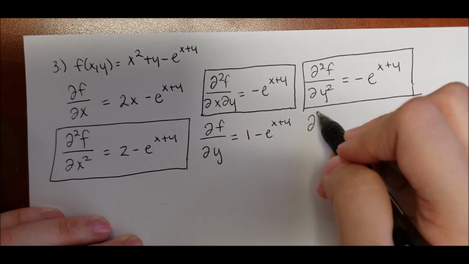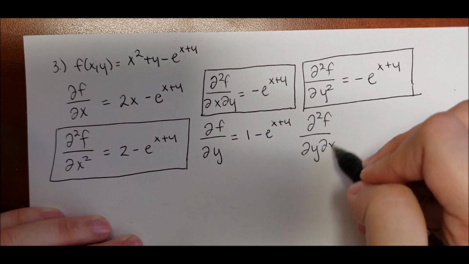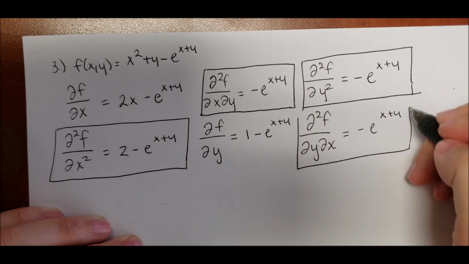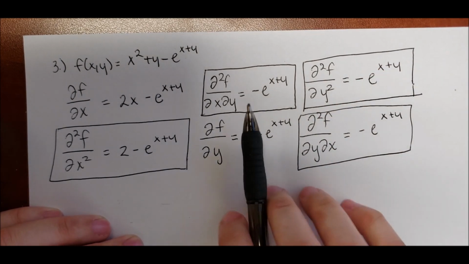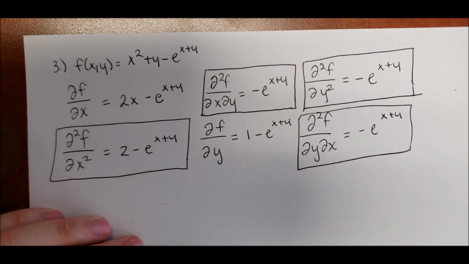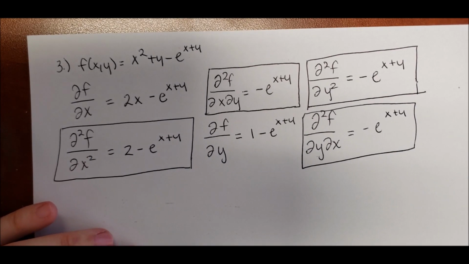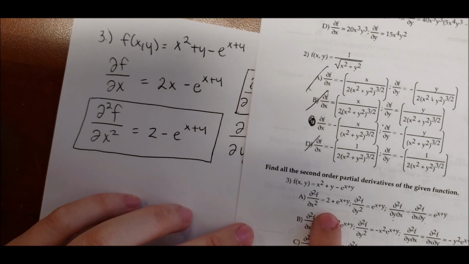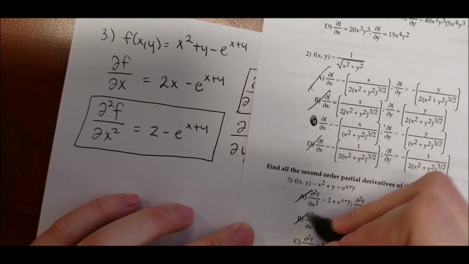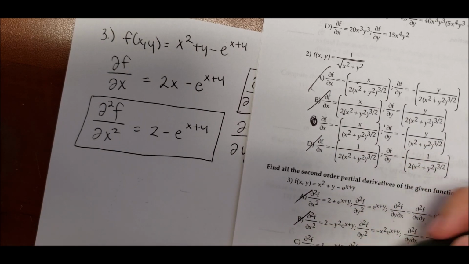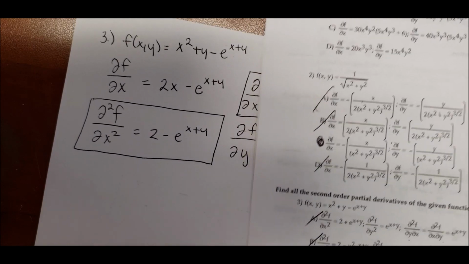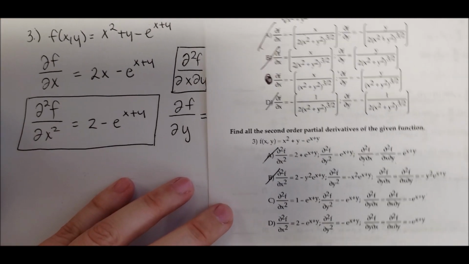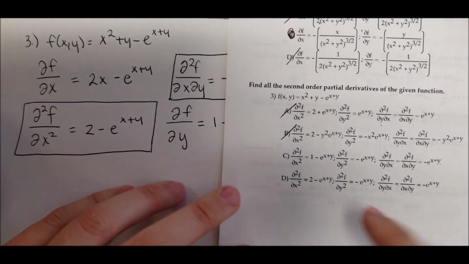And then the mixed partial. And you notice the mixed partials match. They're equivalent. So this one, 2 plus, no, 2 minus. That's the mixed partials. And then we got that for that, so it's D.